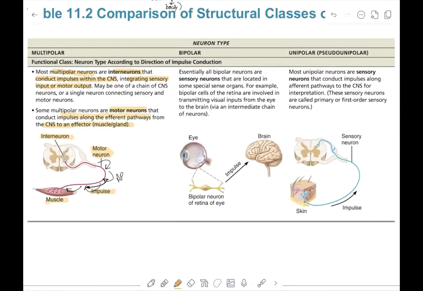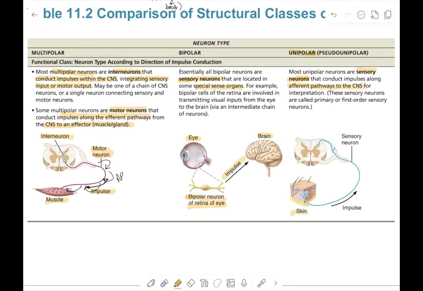Bipolar neurons, however, are going to be sensory neurons in some special sense organs. So in the retina, we see a bipolar neuron of the retina that transmits that impulse to the brain from the eye. And finally, the unipolar ones are also sensory neurons. They conduct afferent pathways to the central nervous system for interpretation.